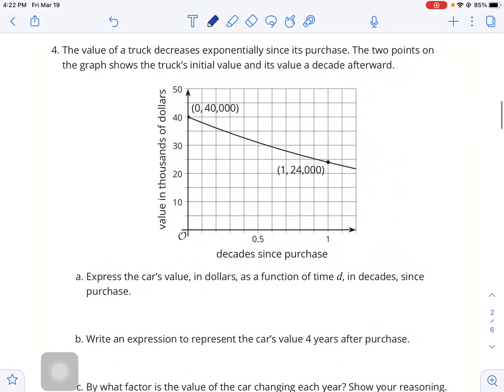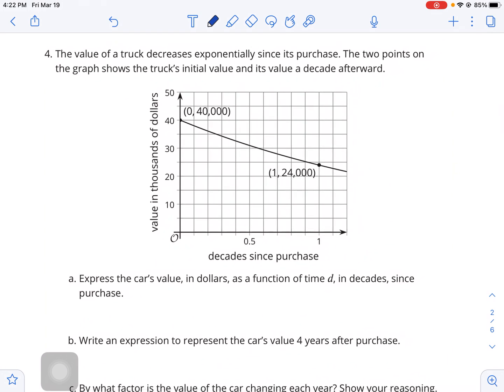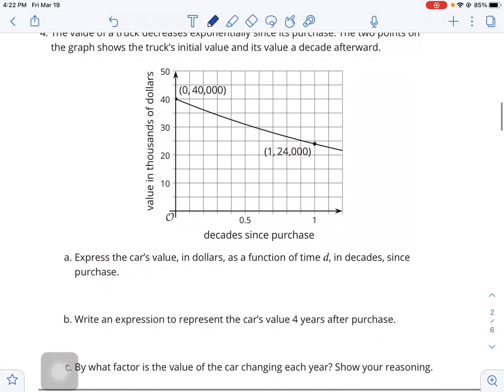Number 4, the value of a car decreases exponentially since its purchase. The 2 points on the graph show the car's initial value and its value a decade afterward. So we want to express the car's value in dollars as a function of D, time in decades since the purchase.